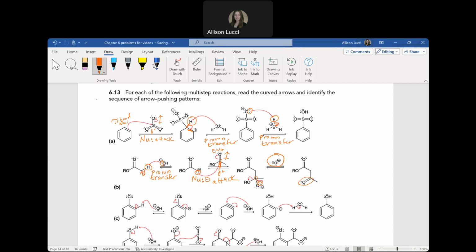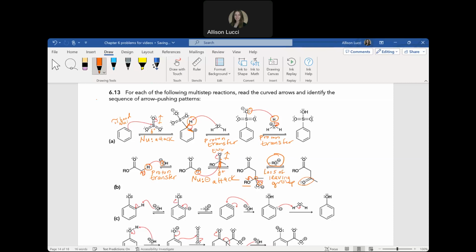We already have a full octet in that carbon there, so we can't violate the octet rule. So that kicks out these electrons involved in the bond on this alkoxide group here, this RO, and that serves as our leaving group here. So we see loss of leaving group.